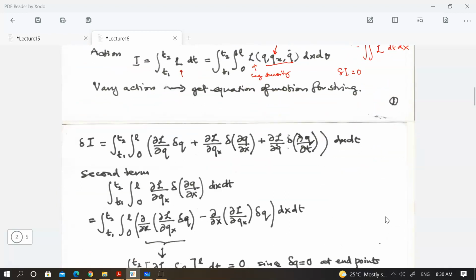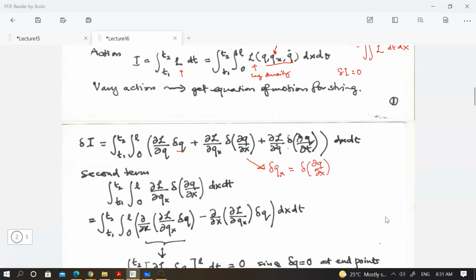So here you'll find that you do the variation. Look at each variable inside your Lagrangian density, inside the integral here. So you have partial L partial Q, delta Q, and then partial L partial Q_x, delta Q_x. Delta Q_x is written as delta dq dx.